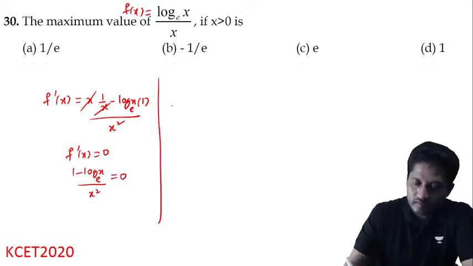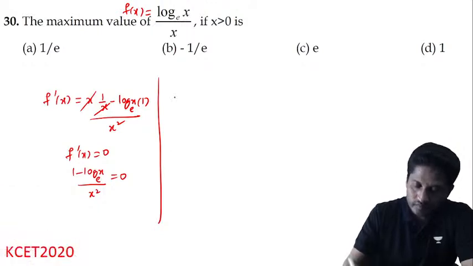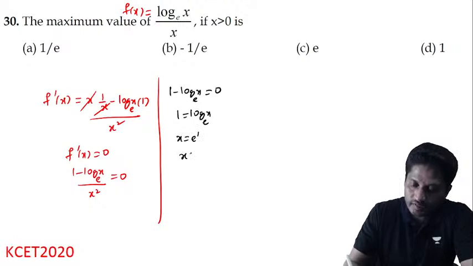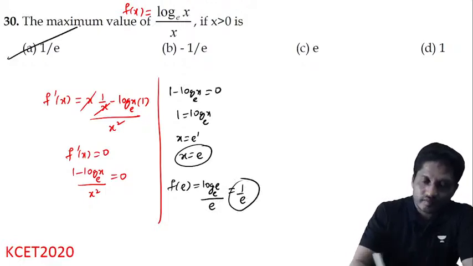That is 1 minus log x to the base e is equal to 0. So 1 is equal to log x, so x is equal to e power 1, x is equal to e. Now you find out f of e, which is equal to log e divided by e. Log e is 1, so you will get 1 by e. This is the value, guys.